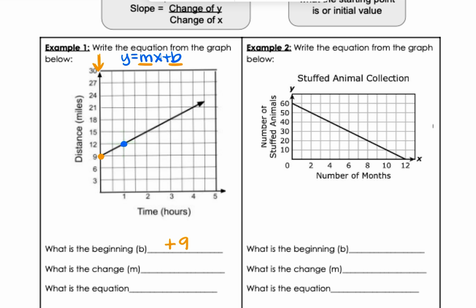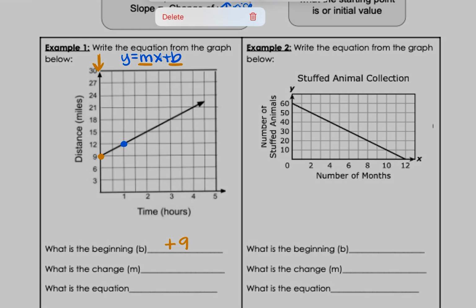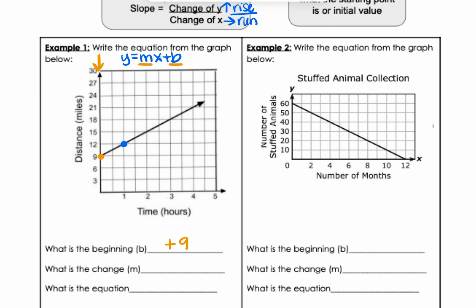So my next point is, I just picked the next closest point, and I'm going to see my change in y. Change in y is how much we go up or rise. And then change in x is how much we go over or run. So rise over run is what we're going to refer to it as. And so I'm just going to trace it up. I'm going to grab it, and I'm going to say, okay, how much did I rise?